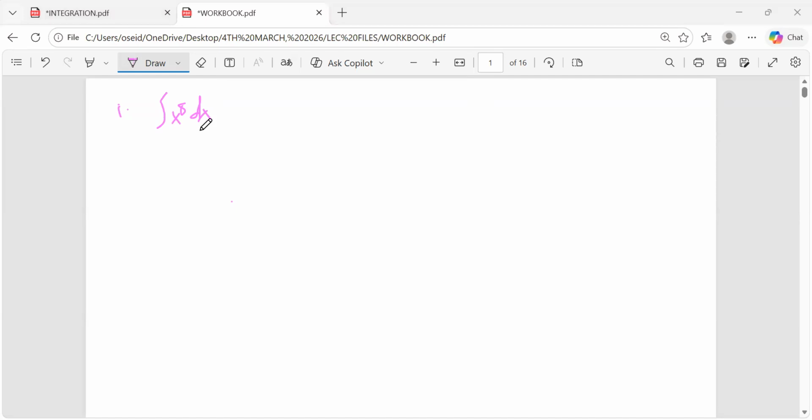So we have x exponent 8 dx. As the rule says, we add 1 to the exponent.